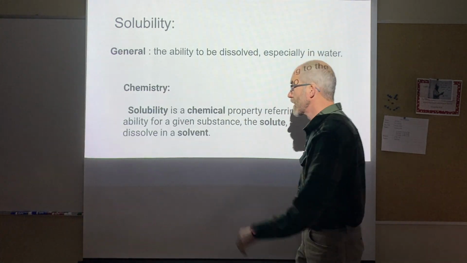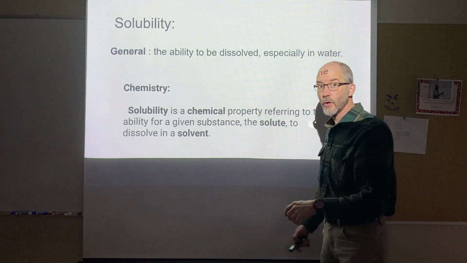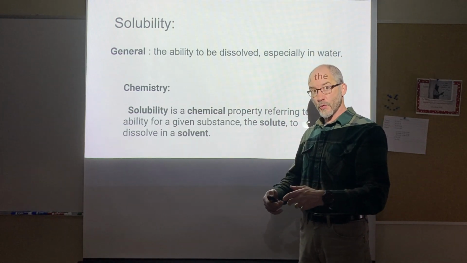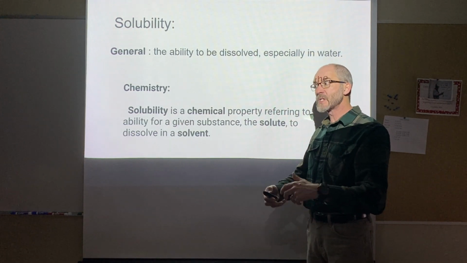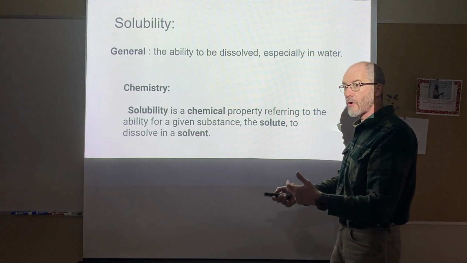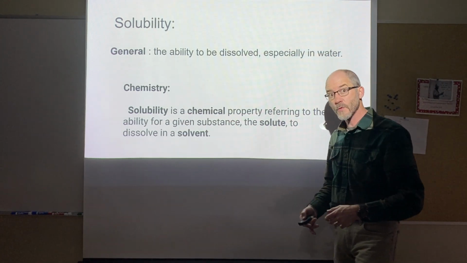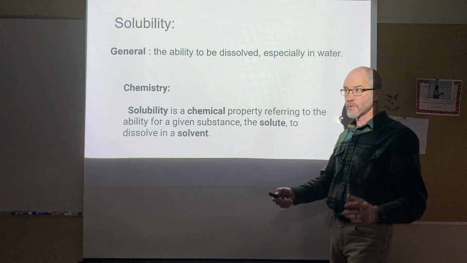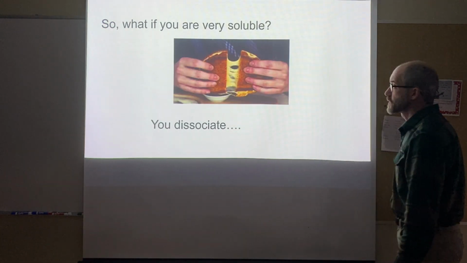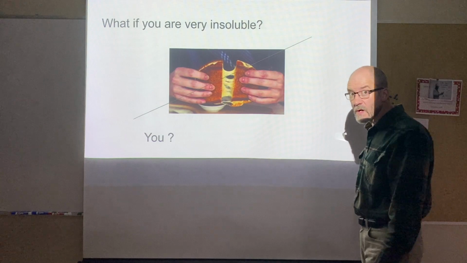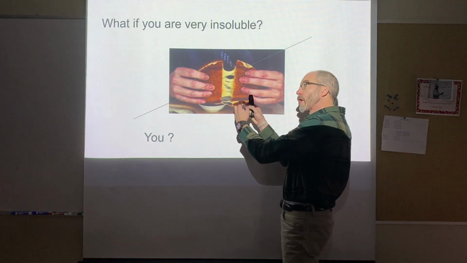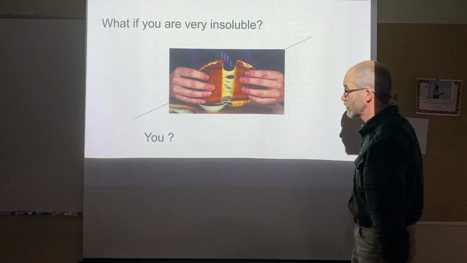In other words, if you are soluble, you will dissociate. There are exceptions, and you'll learn that from the table, but as a general rule, if you're soluble, you can dissociate. All right, so what if you're insoluble? Then you're not going to dissociate.